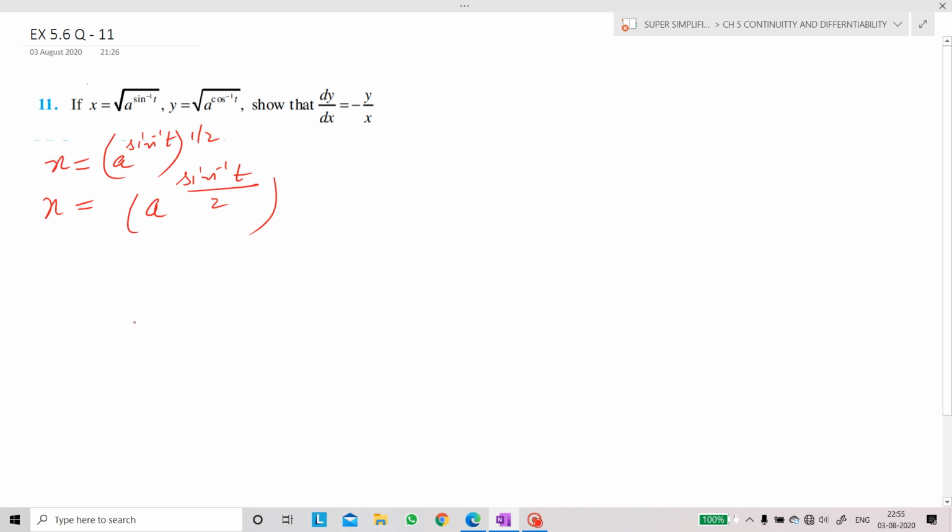So here I think you have to recall your rules of differentiation of this type of expression, a raised to the power x and a raised to the power fx. A raised to the power x, its derivative will be a^x log a, as I have explained you earlier. And if you have a raised to the power fx, its derivative will be a raised to the power fx log a into f dash x.